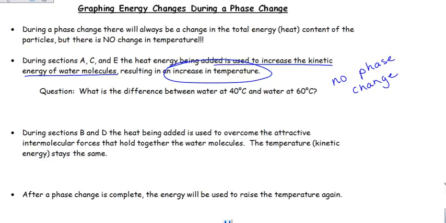So, for example, what is the difference between water at 40 and water at 60 degrees Celsius? The difference is the kinetic energy. So we could say something like at 60 degrees Celsius, particles have more kinetic energy. Or in other words, if they have more kinetic energy, they just move faster.